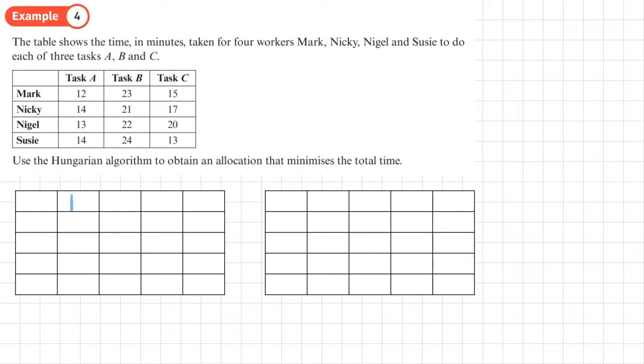So we've got tasks A, B, C and D. So D, that's my dummy task, that's handy, D for dummy. And then we've got Mark, Nikki, Nigel and Susie. So we know in the dummy column we're going to have zeros.